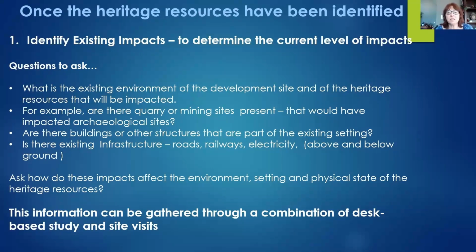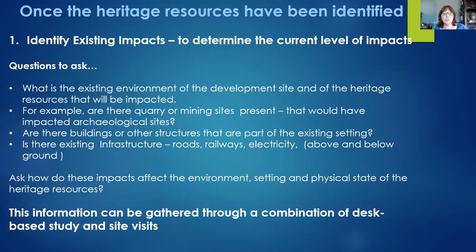So what is the existing environment of the development site and of the heritage resources that will be impacted? For example, are there quarry or mining sites present that would have impacted archaeological sites in the past, and possibly destroyed any material there? It's a general overview of your existing environment, and also looking at the existing infrastructure.